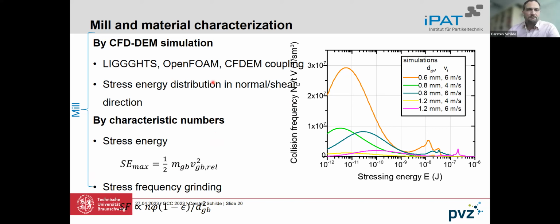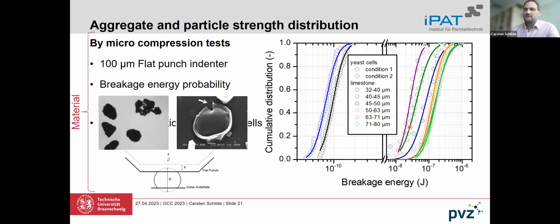Or we can use the CFD-DEM simulations, and the combination with AI gives us the stress energy distributions, shown here on the right side for different process parameters. Based on the stress energy distributions, we can try to get our breakage rate, and this is something I will focus on in the next slide.